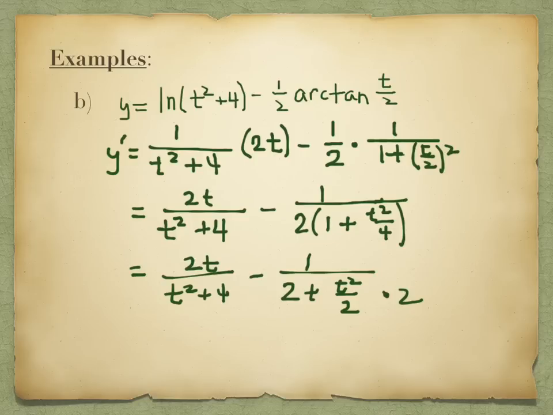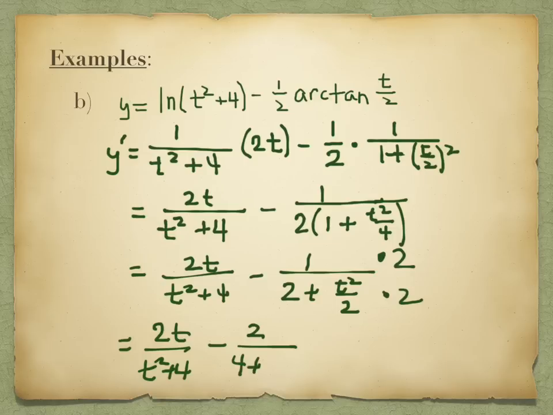Yeah. So if I do this to the denominator down here, I'm going to multiply the numerator by that as well. So now I have 2t over t squared plus 4 minus 2 over what? Not 2t squared.